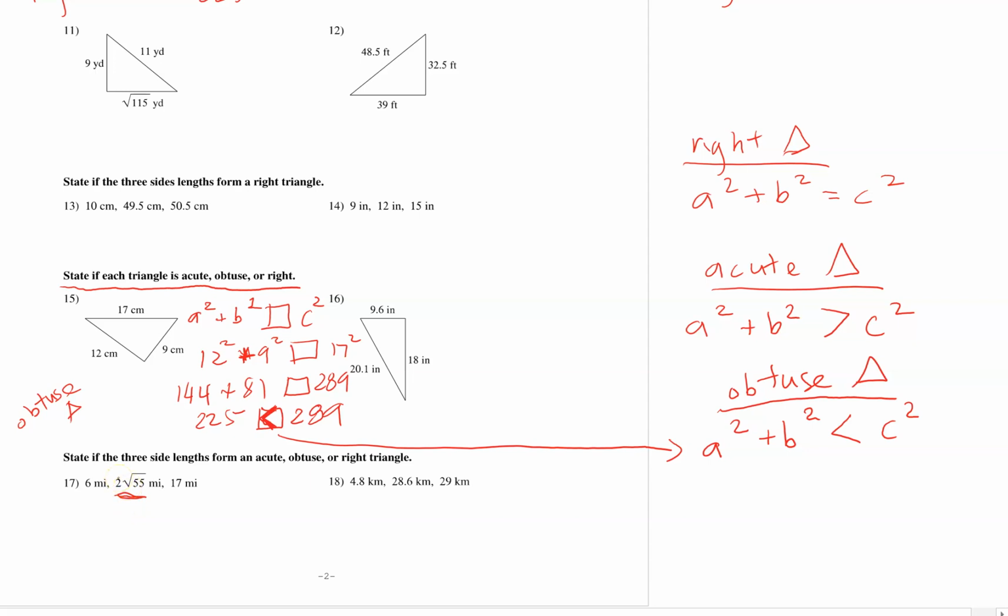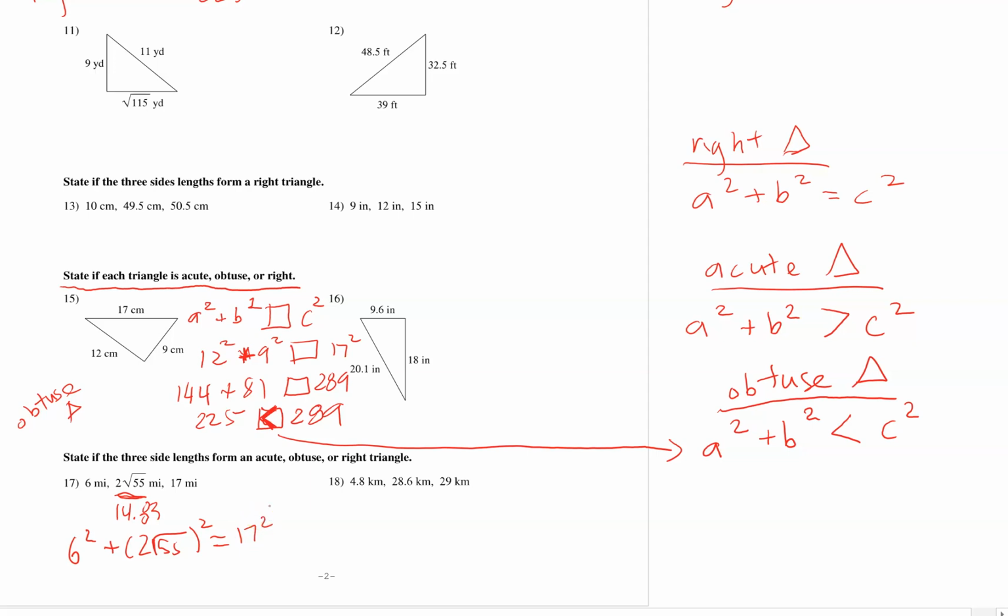Putting it into your calculator, 2 rad 55 nets you 14.83. So it's not the assumed hypotenuse, because 17 is the largest number when you compare it with 14.83. So let's put that in. I have 6 squared plus 2 rad 55 squared, compared with 17 squared.